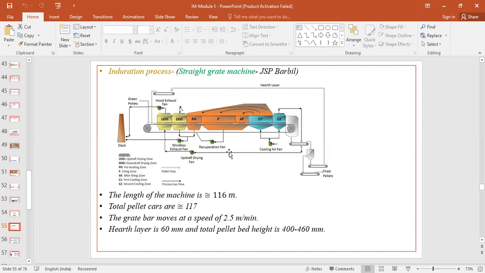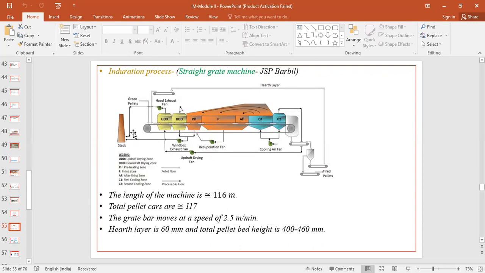Here, if you see, this is in our group organization, that is the Verbal. The length of this entire machine is approximately 116 meters, and the total number of pellet cars is around 117. The grate bars move at a speed of approximately 2.5 meter per minute, and the hearth layer is around 60 mm.